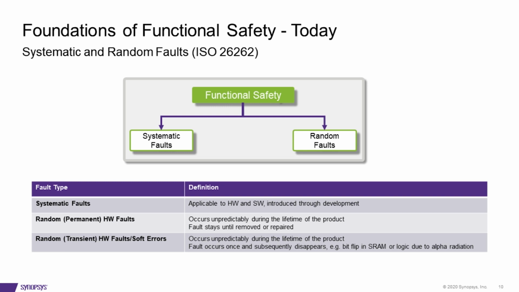One is systematic faults, and the other is random faults. Now, systematic faults are really more about how the system is designed, the processes, the way that the SoC maker actually builds the SoC itself. So what processes are put in place to make sure that software bugs are not inadvertently placed into software that goes into the safety system?